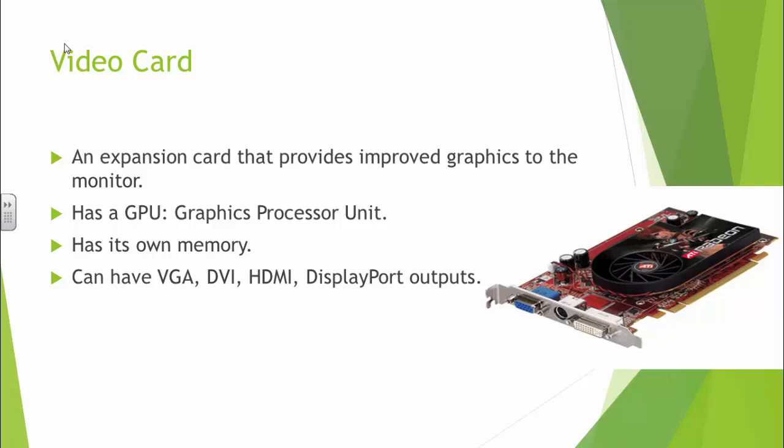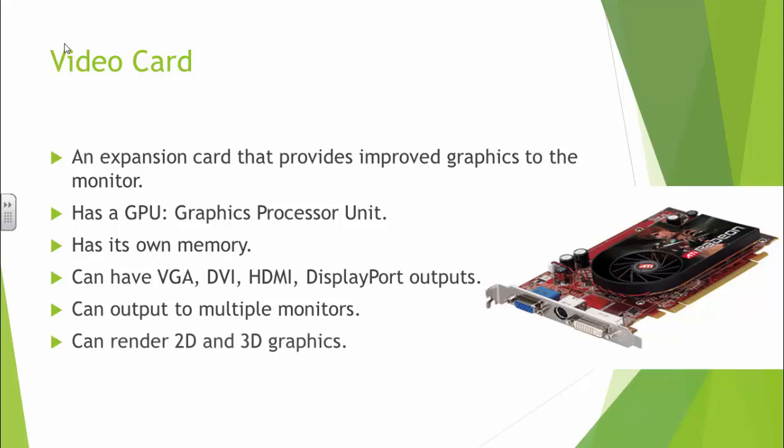So it can have VGA, DVI, HDMI, or even DisplayPort outputs depending on its configuration. And it'll also give us the capacity typically to have multiple monitors on our computer. It's specialized to look at two-dimensional and three-dimensional graphics in an efficient way. Sometimes it can even have outputs to TV, although this distinction between TV and monitor is really blurring a great deal in modern times.